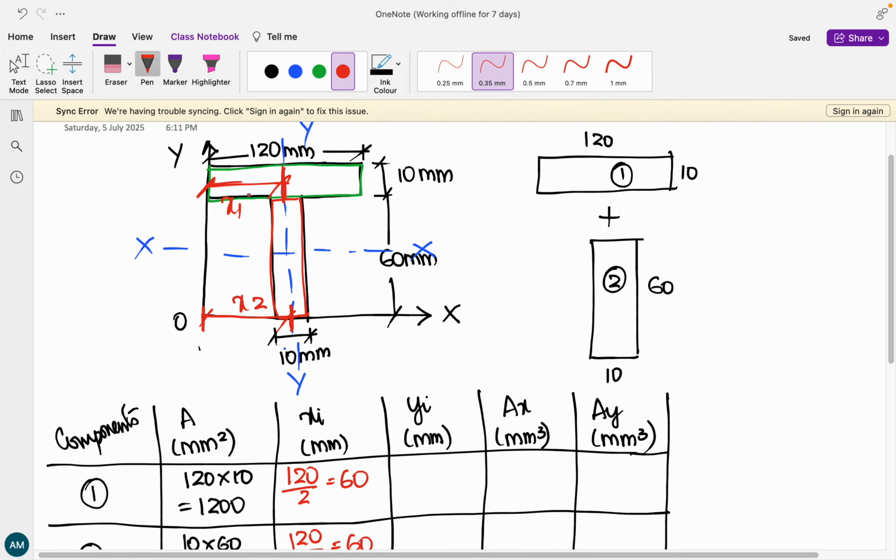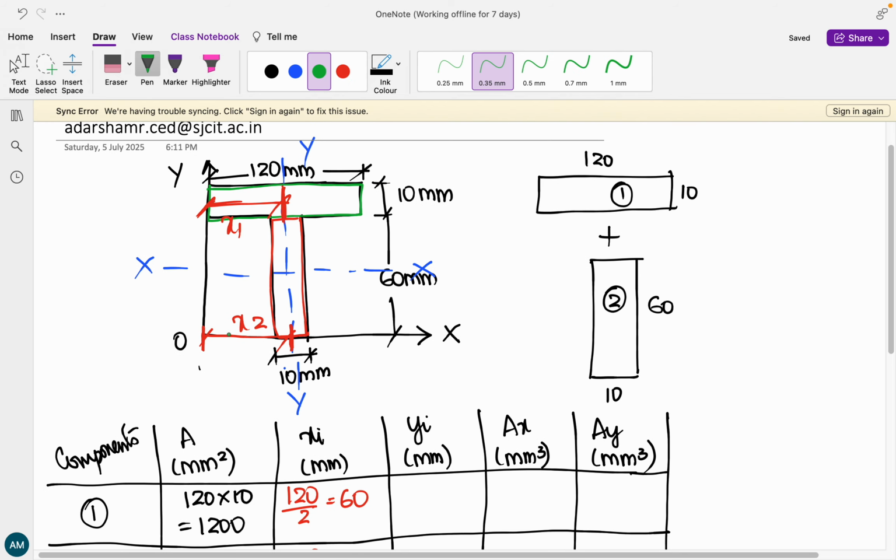Now coming to yi, this is where you have to be careful. For the first component, the centroid is at 10 by 2, which is 5, but we are calculating from the origin.